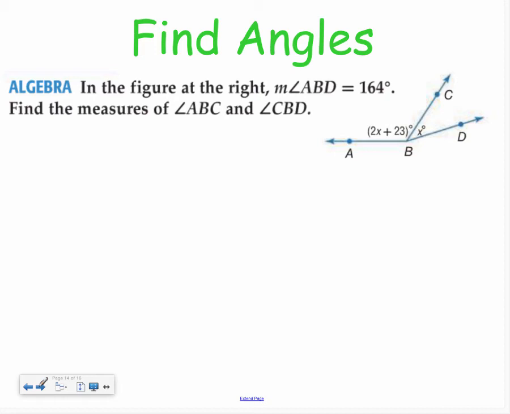This time we do not have a transversal, so we have angle ABC and angle CBD, and those are related in what way?